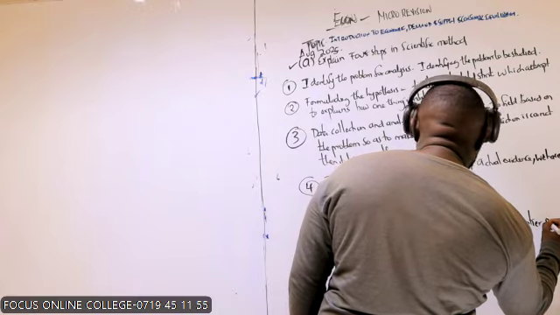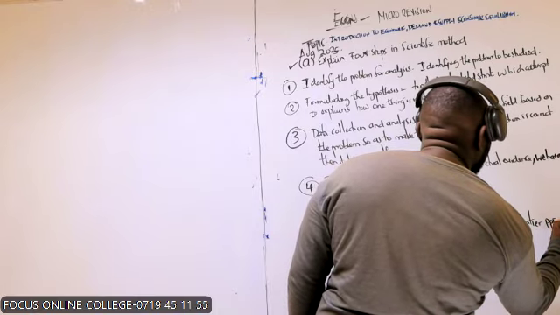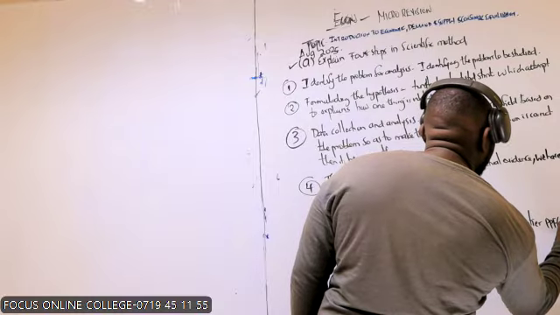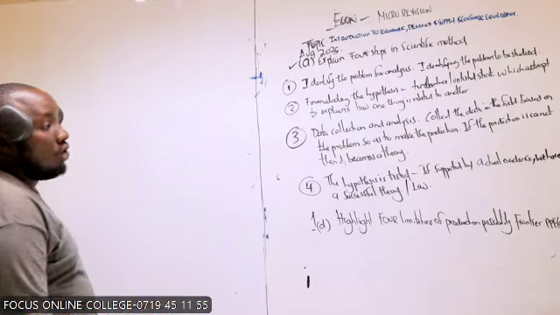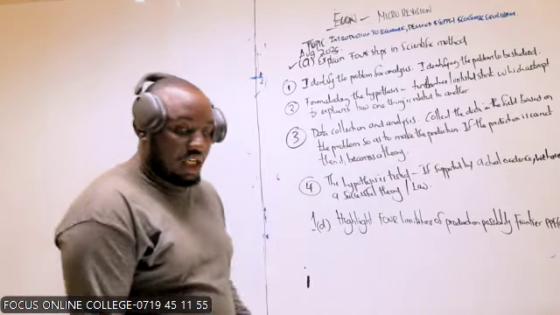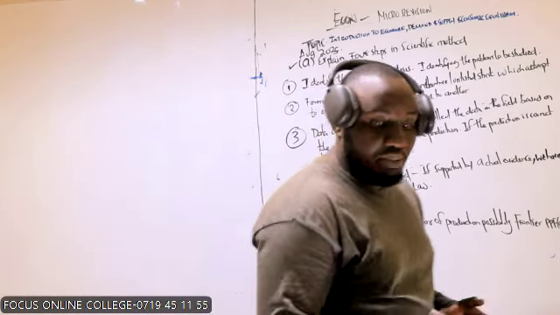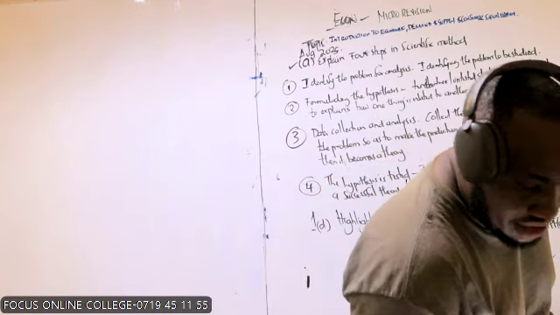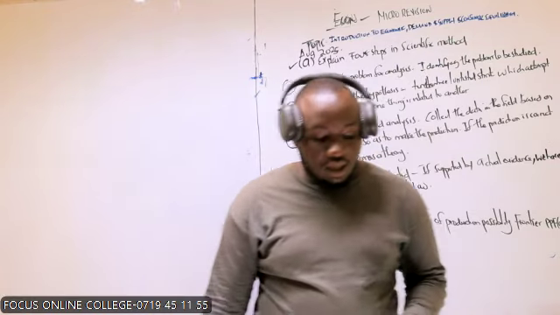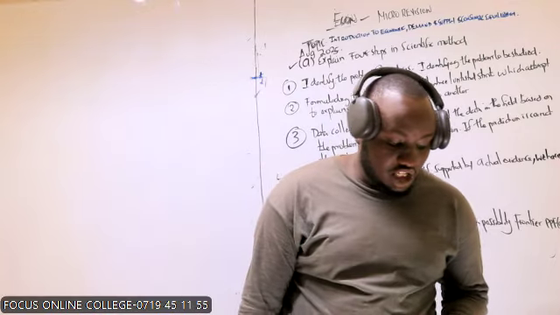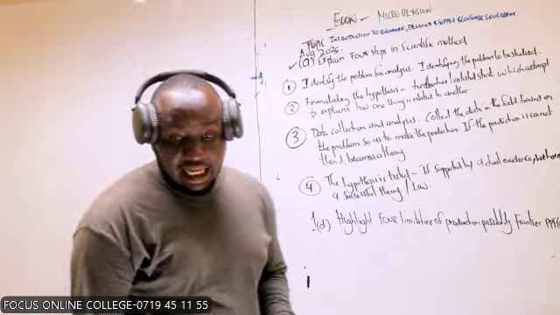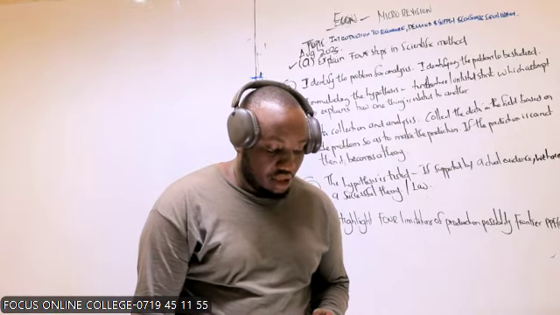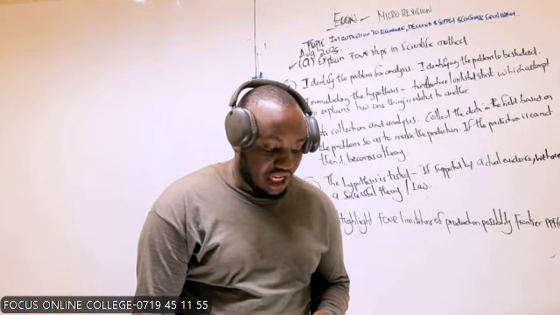So that is a PPF curve. Highlight 4 limitations of the production possibility curve.